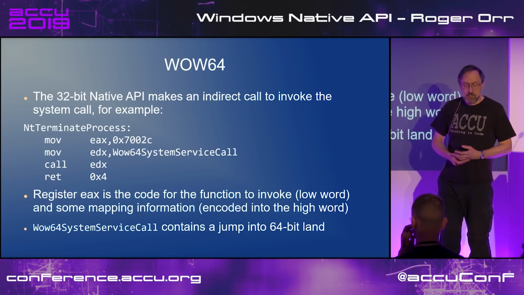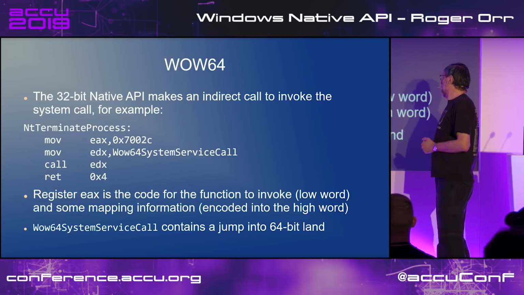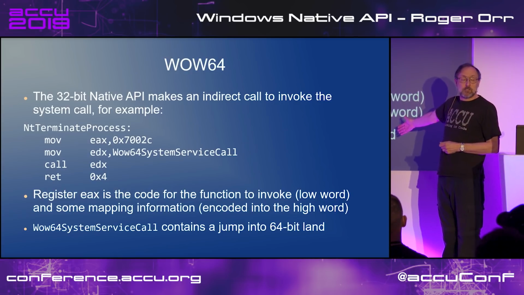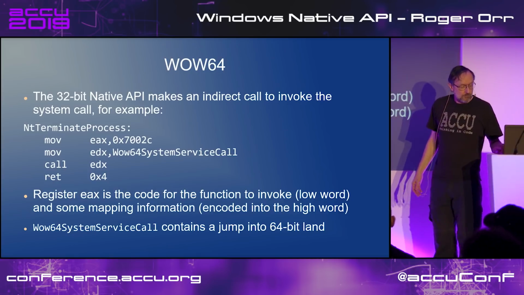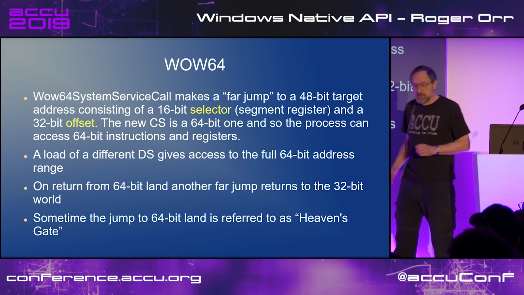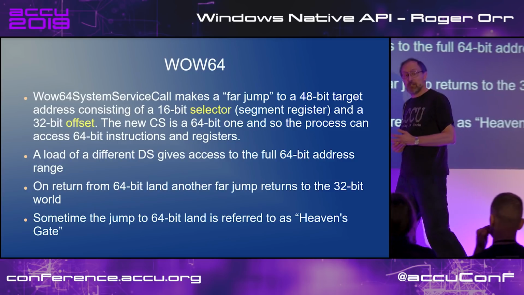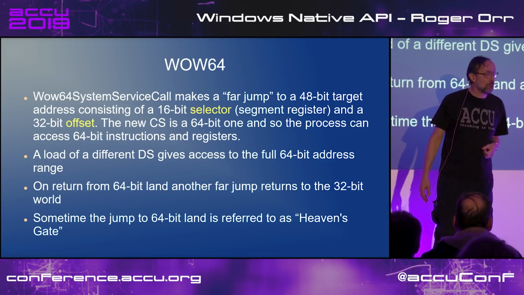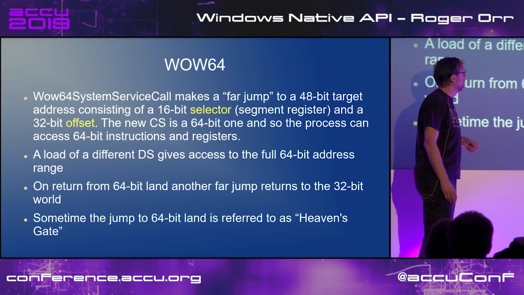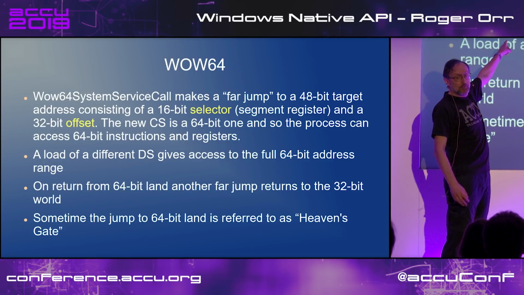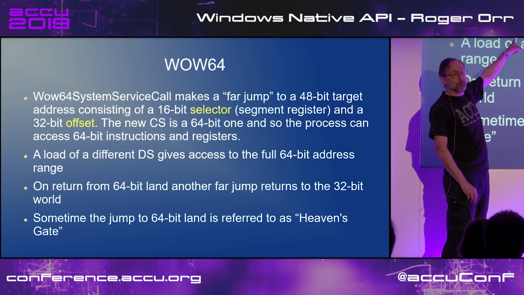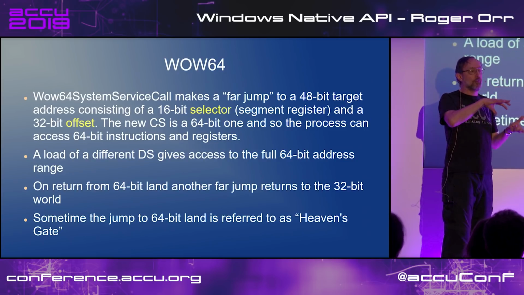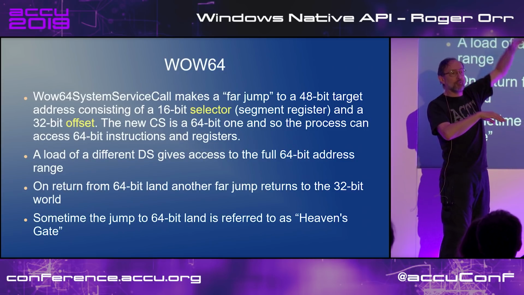And what it does is it contains a jump into 64-bit land. So it does a far jump to a 48-bit address, which is a selector and an offset. And it's set up so the selector is a code segment that says, treat this as 64-bit. So the chip flips into 64-bit mode. It's now got 64-bit addresses.